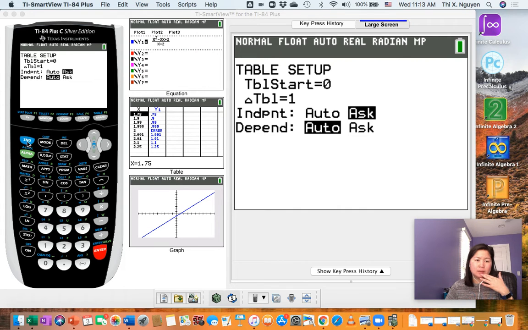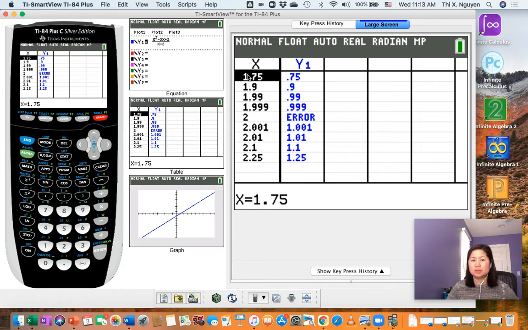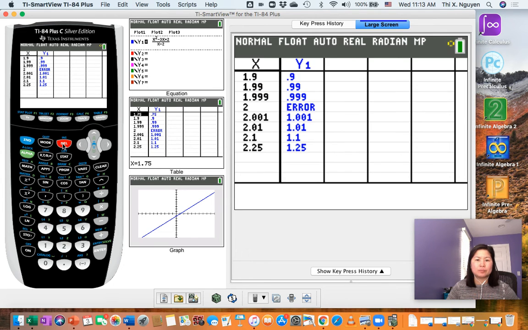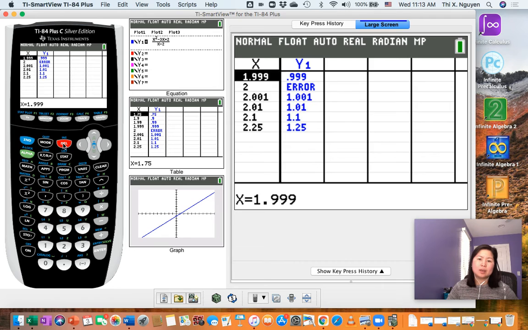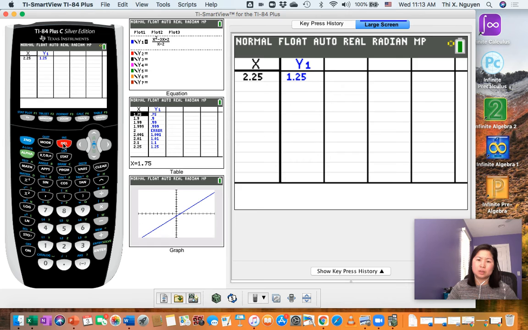Step number 3, second graph. So these are the values from the table. You can just type them in. If you have random numbers and you don't want them, you can just hit delete and it will clear everything from your table. I'm going to use the x values given in the table. The first number is 1.5, then 1.75, enter.